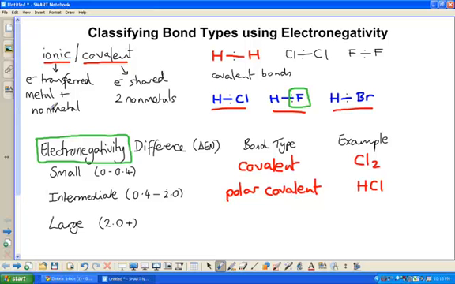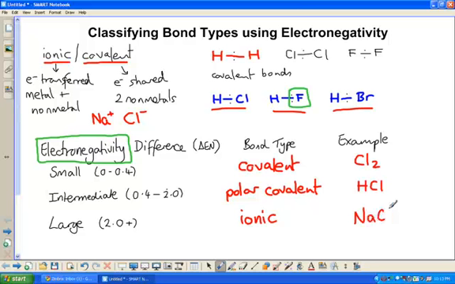They're always transferred from the metal to the non-metal. For example, sodium chloride is Na+ and Cl-. We've seen this before. That sort of bond, where the electrons are actually transferred, is known as ionic.